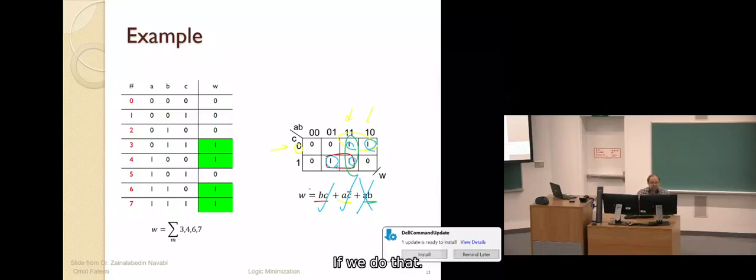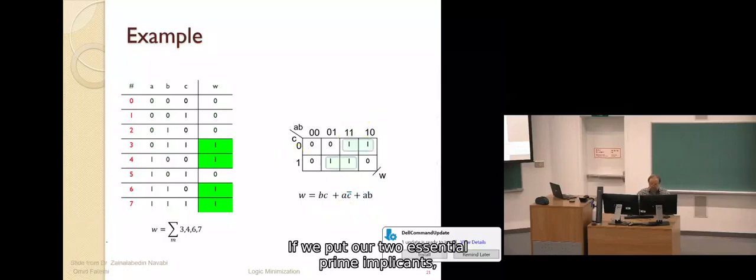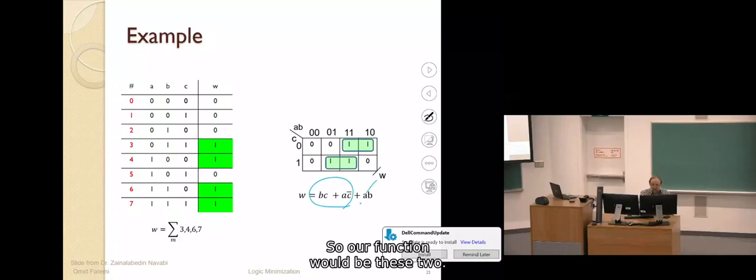If we put our two essential prime implicants, then it covers everything, nothing left. So that's it. Our function would be these two and not that. And this is the most simplified form of this function. Essential prime implicant. Okay?